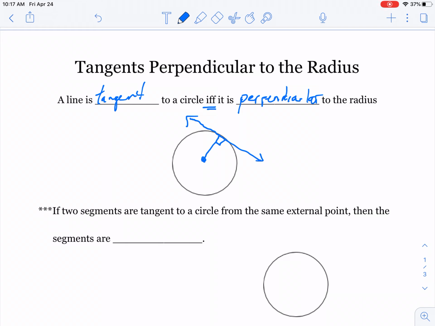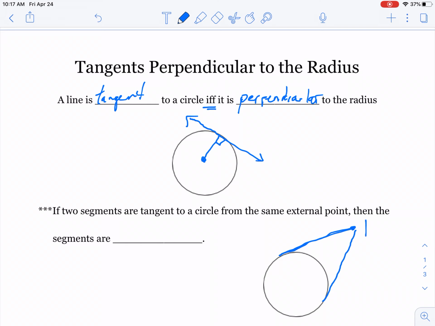All right, now we're also going to use this in terms of two segments that are tangent to a circle from the same external point. So if I pick a point out here and draw a tangent down to this side of the circle and one over to this one, notice those are two segments.